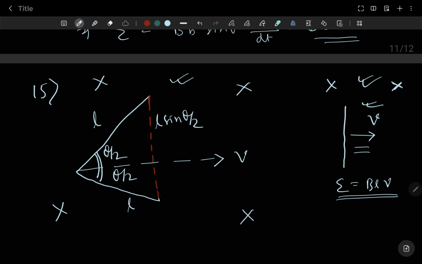This length becomes L sin theta by 2, and this also L sin theta by 2.